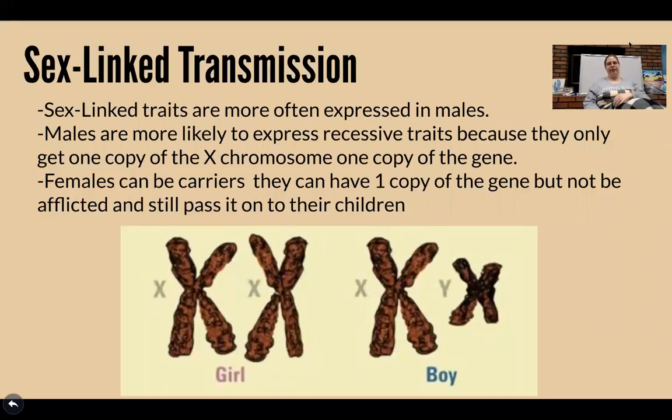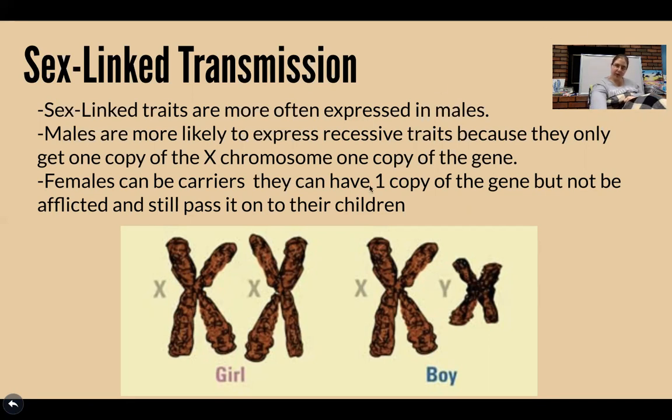So that means that for a girl to show a sex-linked trait, she has to have 2 recessive alleles, 1 on each X. So that's not as common because with females, you can have 2 dominant, 1 dominant, 1 recessive, which we call being a carrier because the girl carries that recessive allele, but she does not express it. Or she can have 2 recessive and be whatever expression that particular sex-linked trait is.